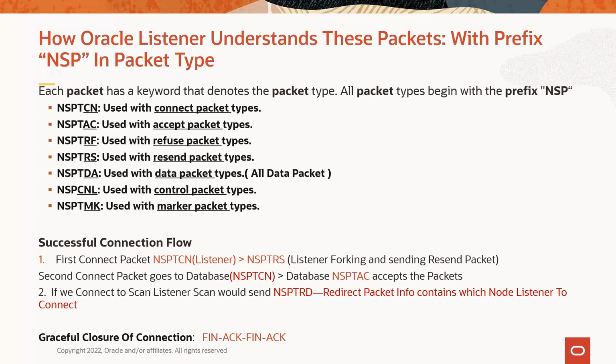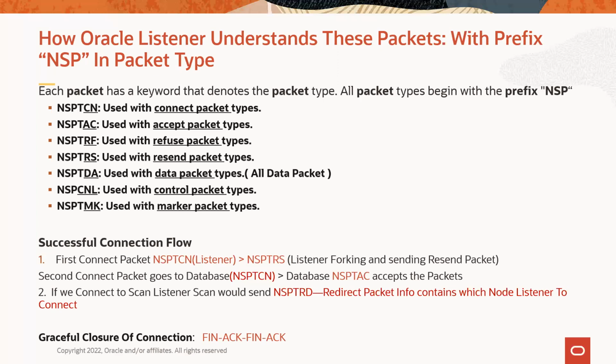This is how my Oracle database understands it's a connect packet, meaning it has connection string information. For every connect packet, if the listener is running on that respective port number, it would say, hey, I got your connection, the service is available. You need to resend this packet. So the troubleshooting lies between sending the connect packet and the listener responding.